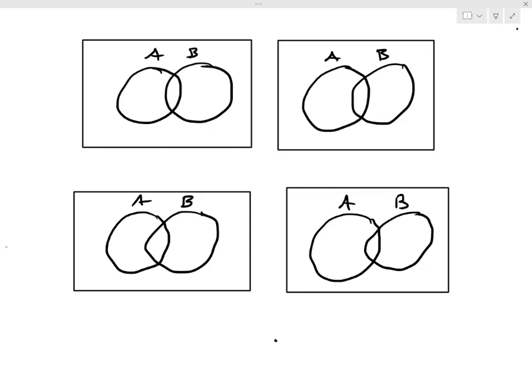Now what we're going to do here, we're going to introduce a new symbol. This one, A, B. And what this symbol means is intersection. And when we're doing intersections, we use this pattern.